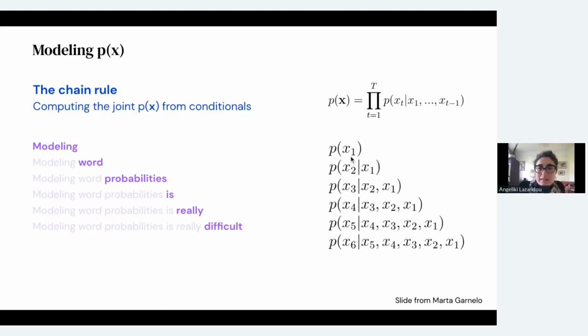And the way that we are able to do that is because we can very nicely decompose, we can do divide and conquer. We can use the chain rule to decompose modeling P of X as a way of modeling the individual constituents. So we start, for example, by modeling the first word, and then the second word given the first, and then the third word given the first and the second, and so on and so forth.